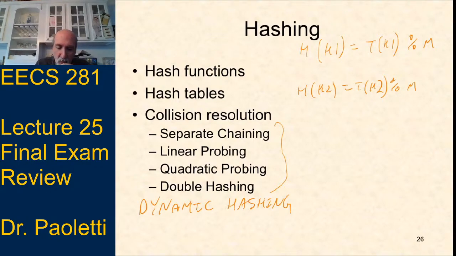Let's say this one translated to 6, this one translated to 2, but my m was 4. I had a table of size 4. That means that they would both want to go to index 2. And depending on the resolution scheme, the second one would get bumped either to the next location or added to a chain, etc.